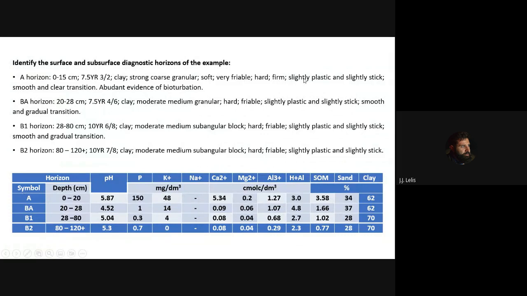It possesses a consistence when wet that's slightly plastic and slightly sticky, and a transition that's smooth and clear.